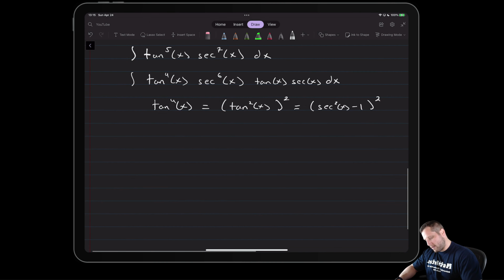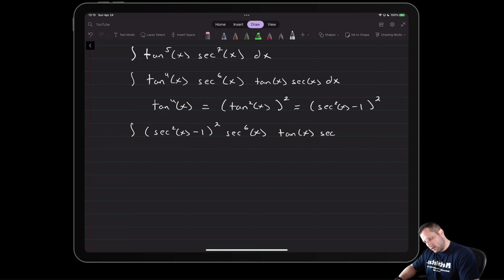So we're going to put that back in for tangent to the 4th. So we have secant squared of x minus 1 all squared times secant to the 6th of x times tangent x secant x dx.